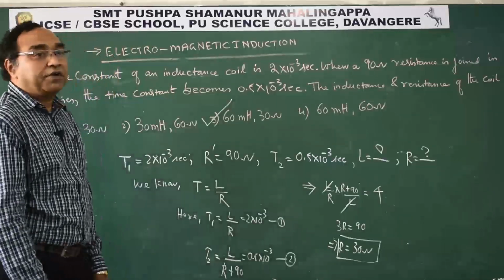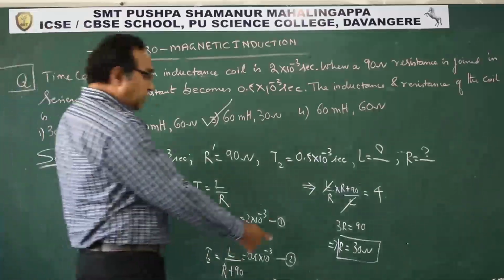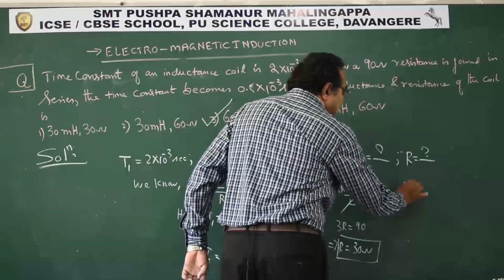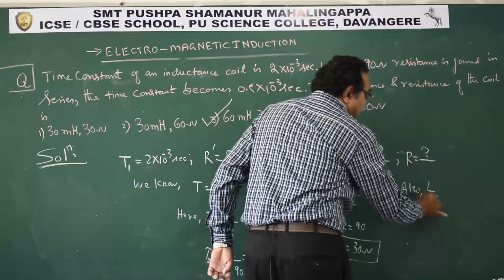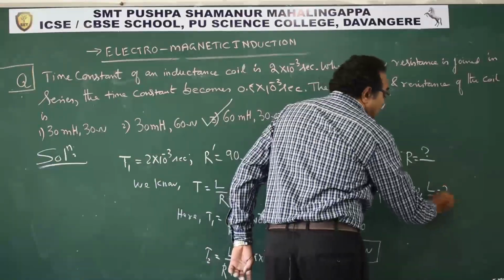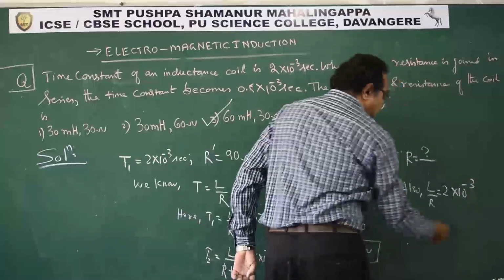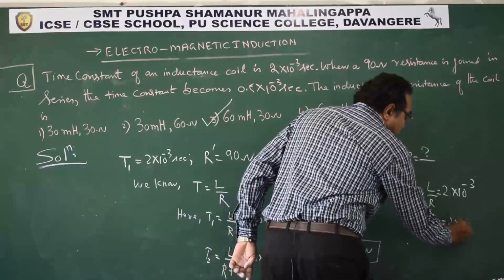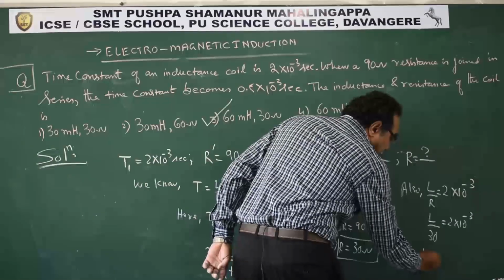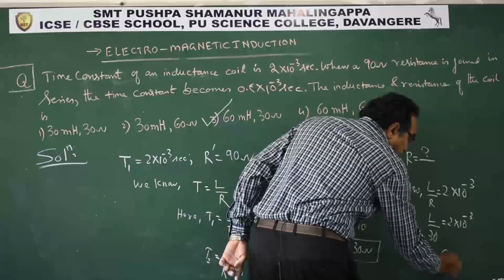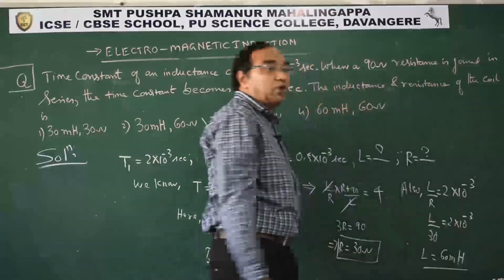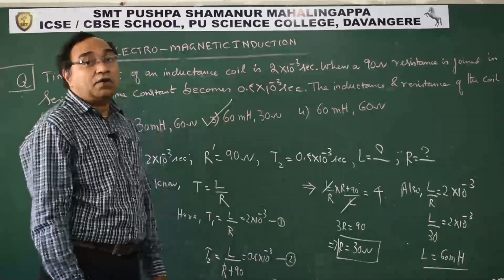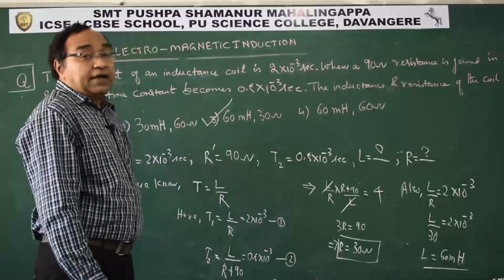That is exactly how we can work out the value of R. So now we can write also L by R is 2 into 10 power minus 3. So L by 30 is 2 into 10 power minus 3. So L is equal to 60 millihenry. That is how we can find out the value of R and L.